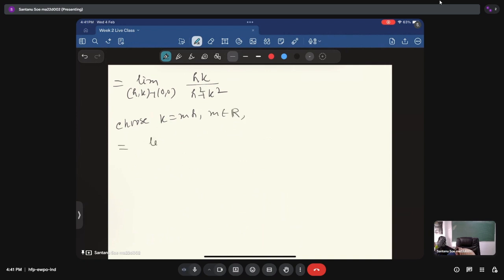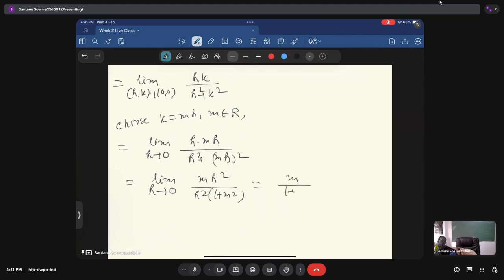Then this is limit as h tends to 0 of h times mh divided by h squared plus m squared h squared. So this will be limit as h tends to 0 of m h squared divided by h squared times (1 plus m squared). So this is nothing but m divided by 1 plus m squared.